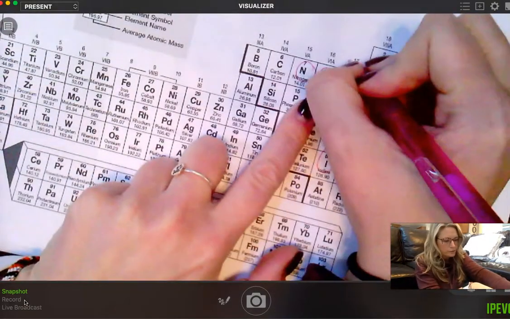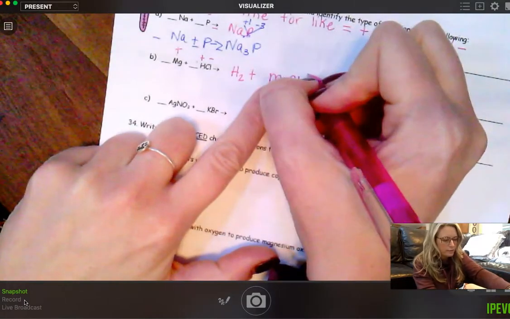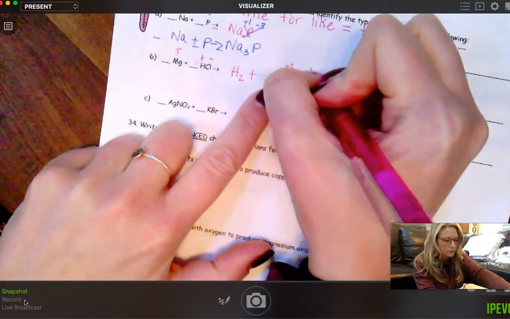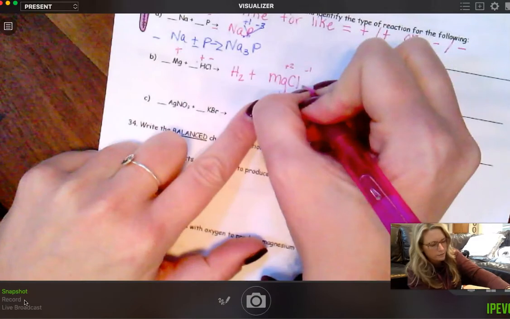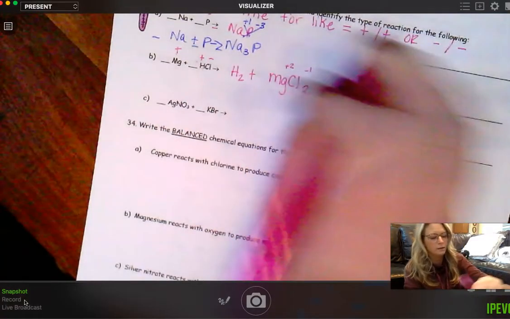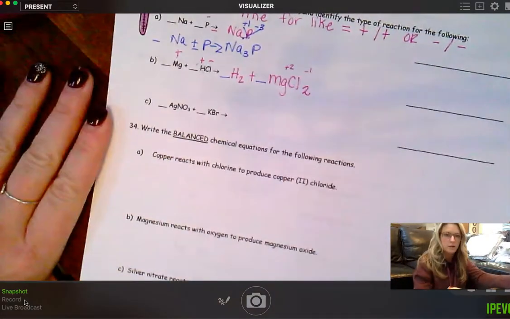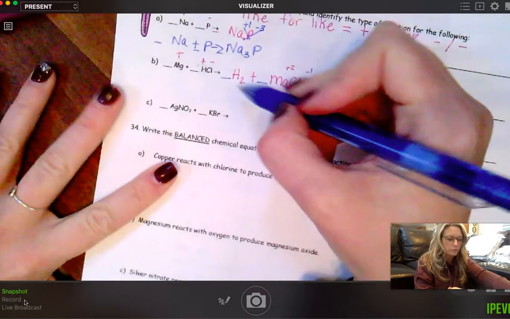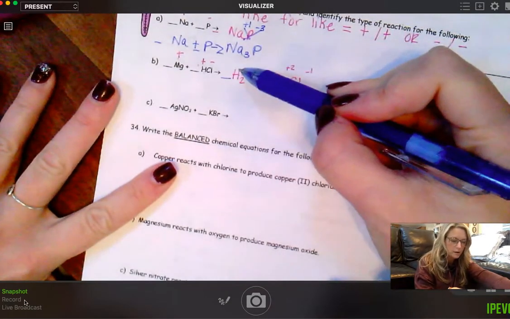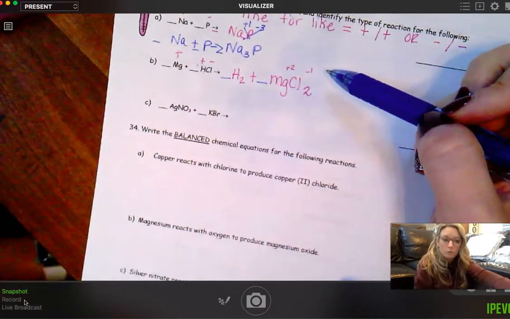And here's chlorine, this is our -1 group. So if we have a +2 and a -1, we're going to swap and drop those, and it's going to end up being MgCl2. Now, again, this is not balanced. You're going to need to go back and balance those out. But the products that you've predicted are H2 and MgCl2, which, if you read that correctly, is magnesium chloride.